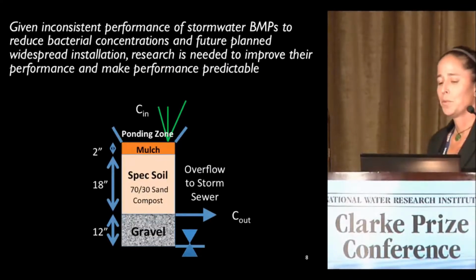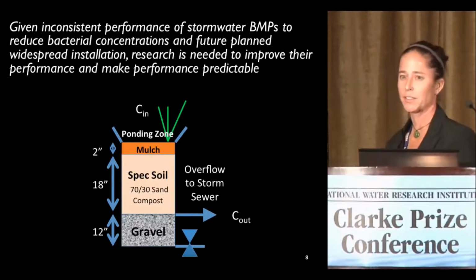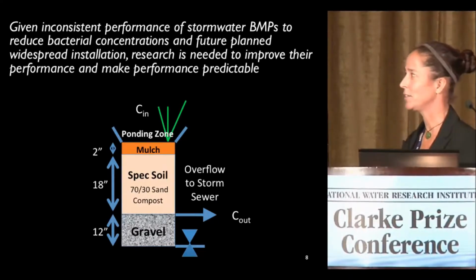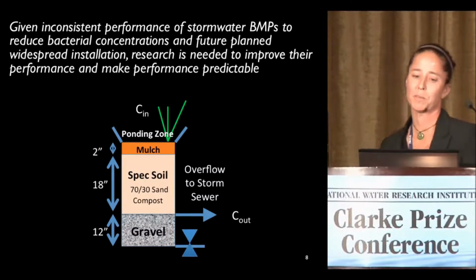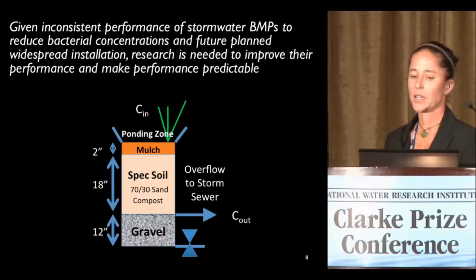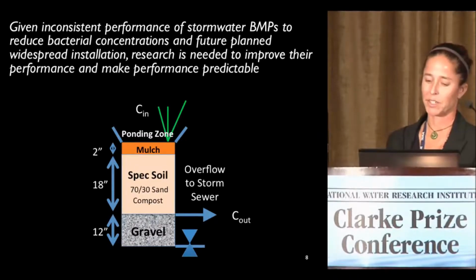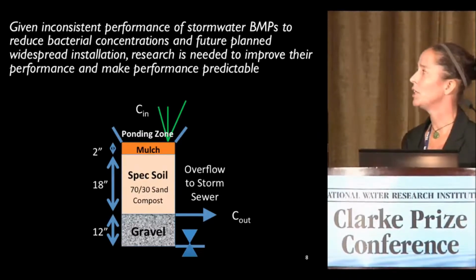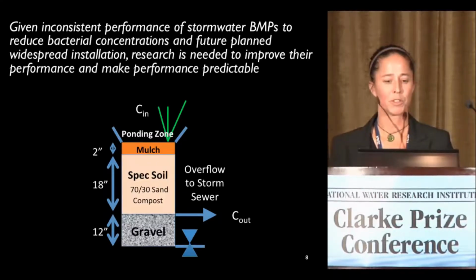So that's great, but the truth is that these are living systems. They're living unit processes, natural systems. And so based on the data that's available, the performance of them is quite inconsistent. And so given that there is future planned widespread installation of these systems, we really need research to help us improve their design and make their performance more predictable.